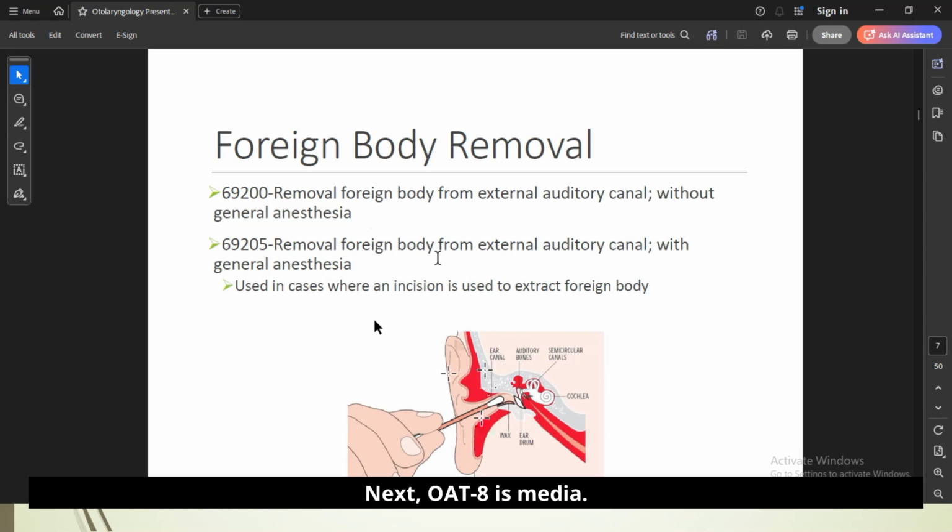Next, otitis media. What is otitis media? Otitis media is basically a middle ear infection. Mostly we see otitis media in children.